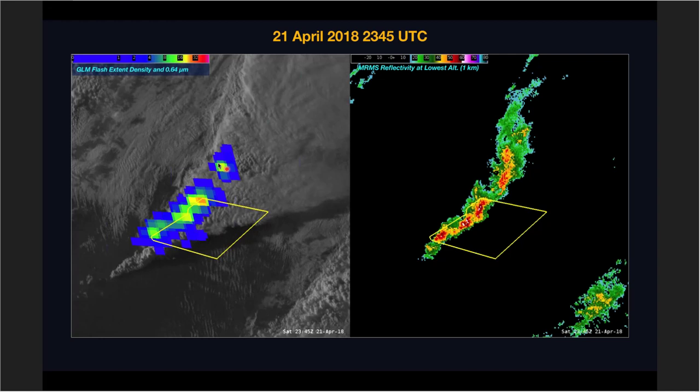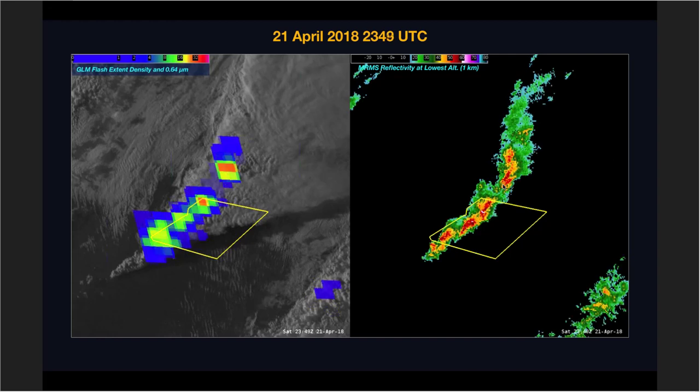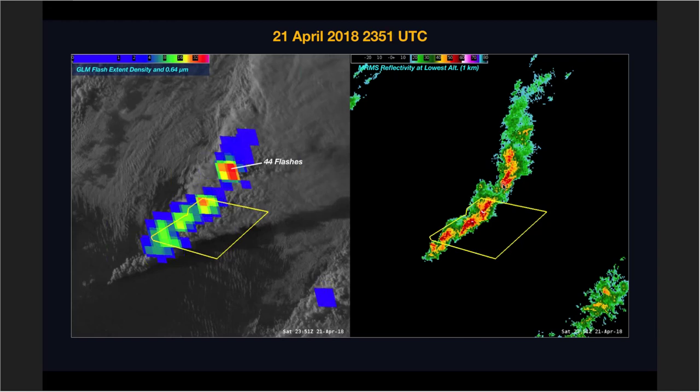So all of a sudden you get that very nice signature in GLM that is associated with this cell to the north of that severe. 2346, there's 23 flashes, 2347, 2348, 2349, 50, and you can see in 51. So I've only shown you 10 minutes of data, and you can see how quickly that updraft is strengthening in that spot.